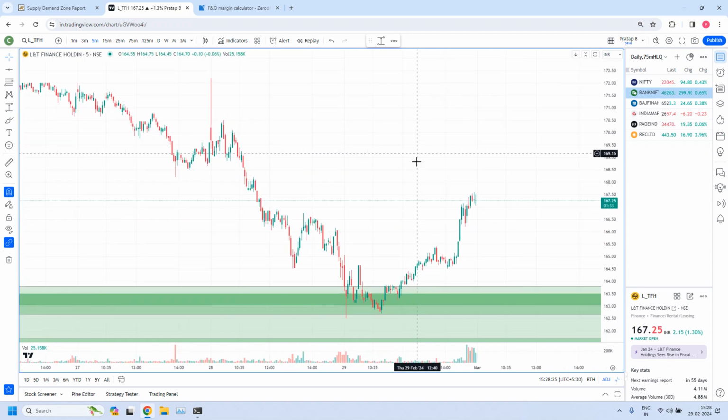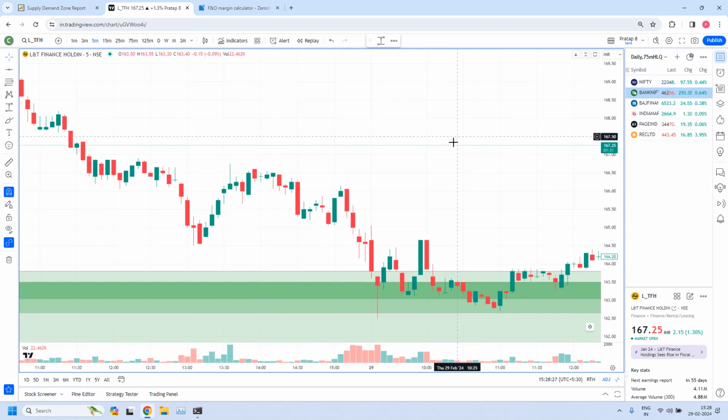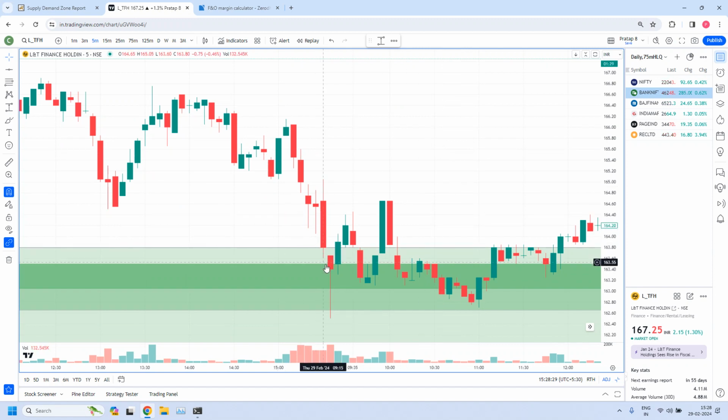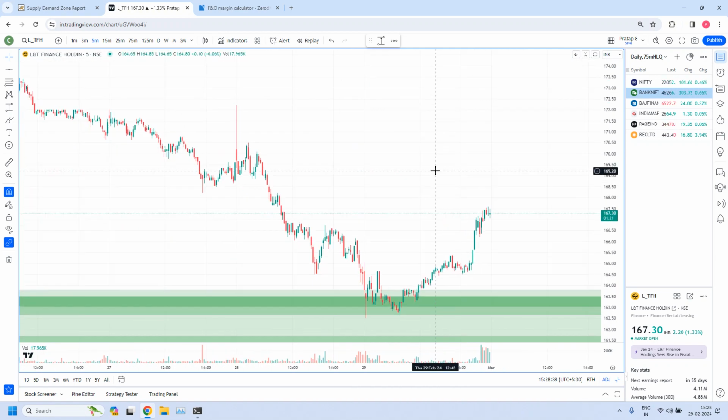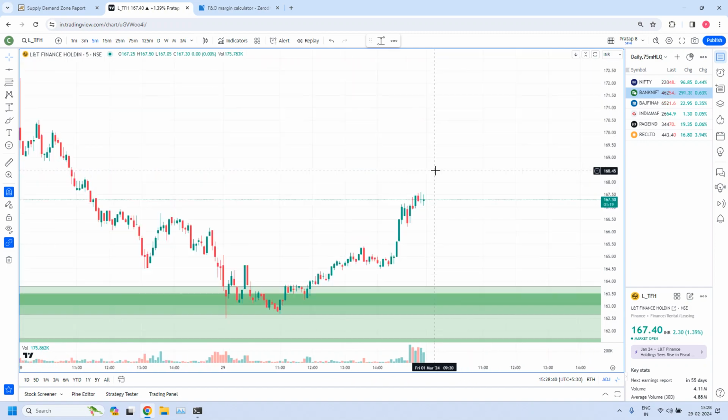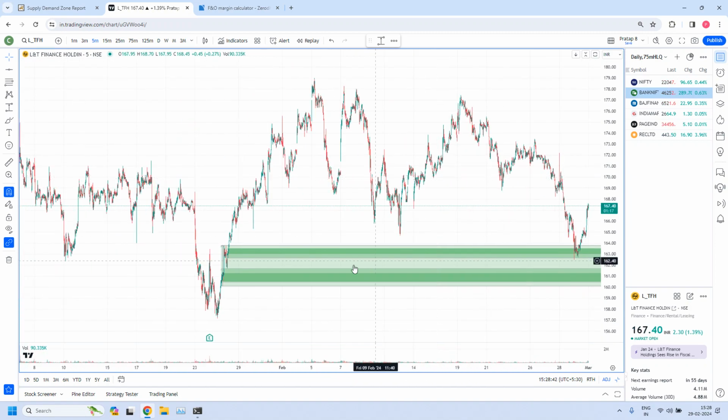And today what happened? This 5-minute zone is violated. 15-minute zone.